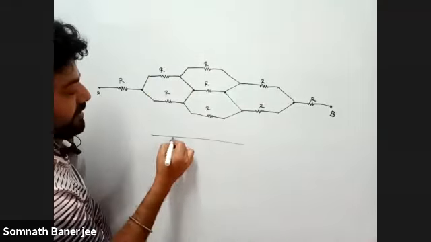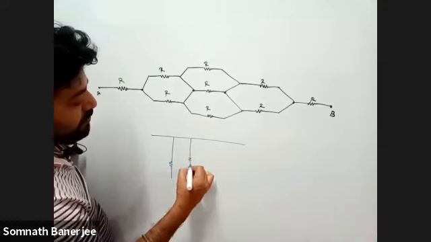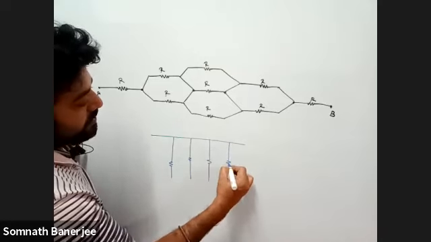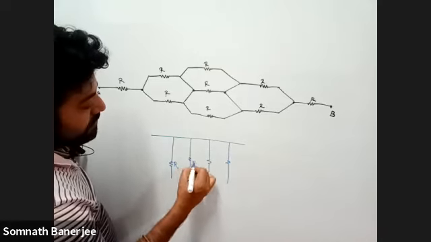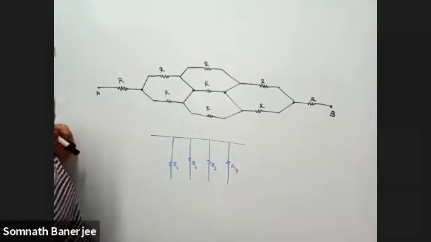Suppose this is one resistance, this is another, R1, R2, R3, R4, and they are connected by plain wire.